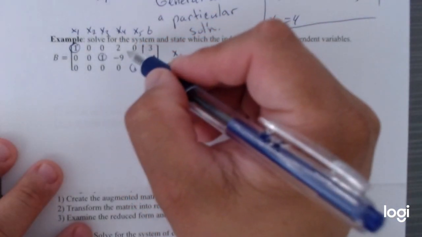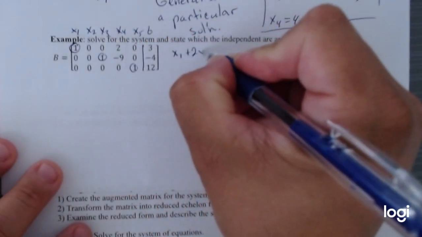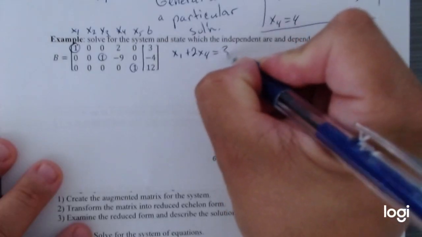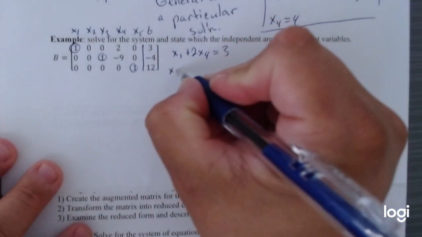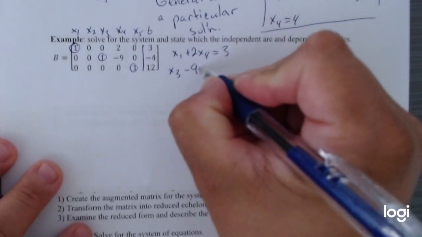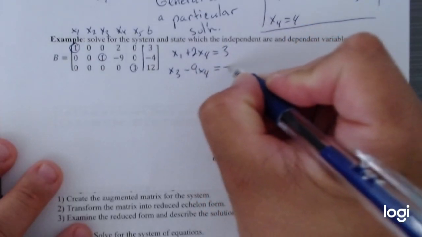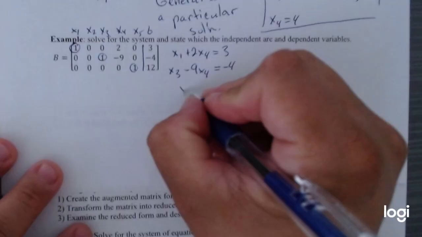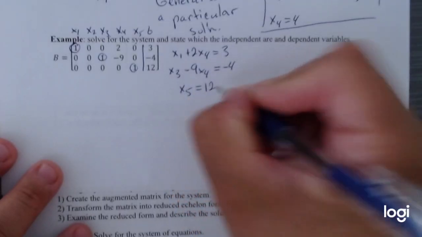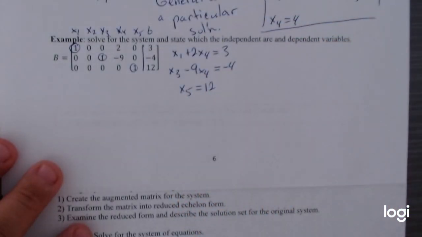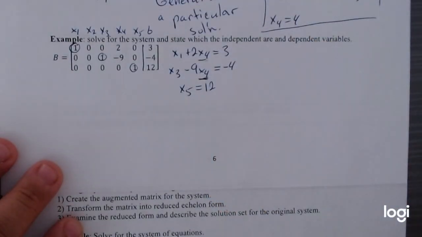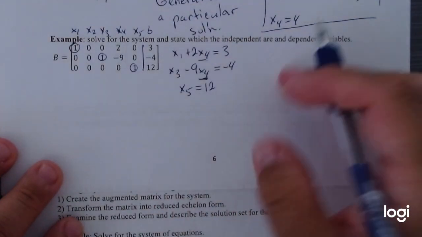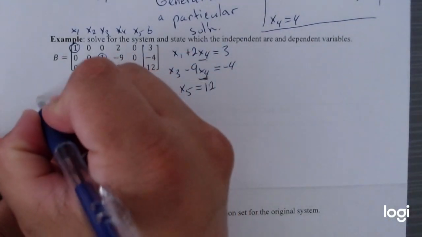So we have x1 plus 2x4 is equal to 3. Okay, we have x3 minus 9x4 is equal to negative 4. And then we have x5 is equal to 12, kind of similar to what we had above. Right? Okay. All right, so again, notice these equations both have x4 in common. So I'm just going to solve for 1 and 3.